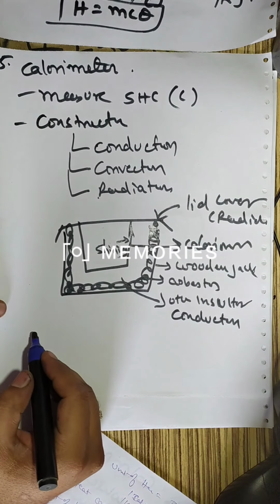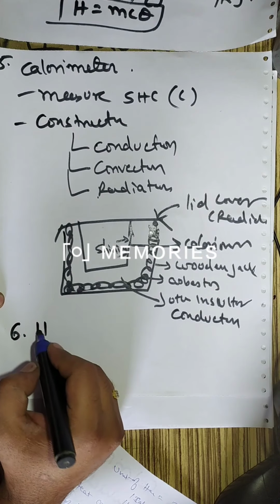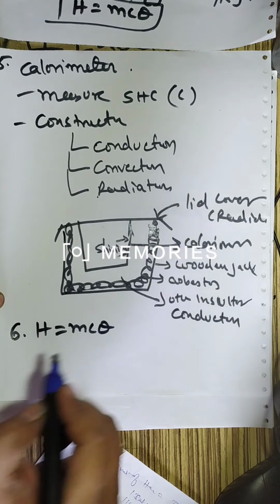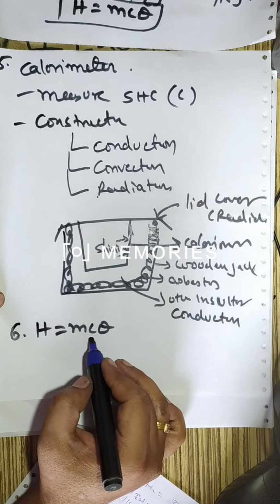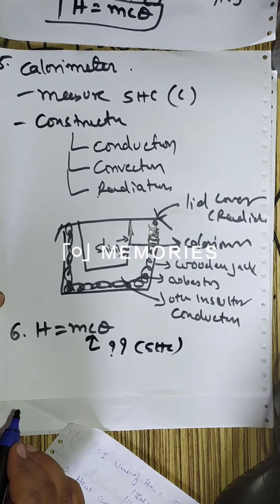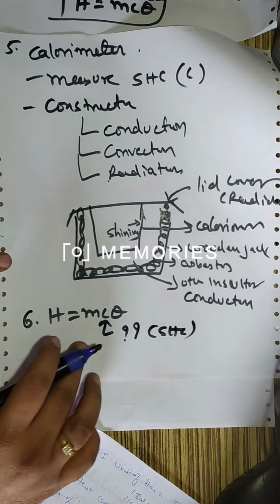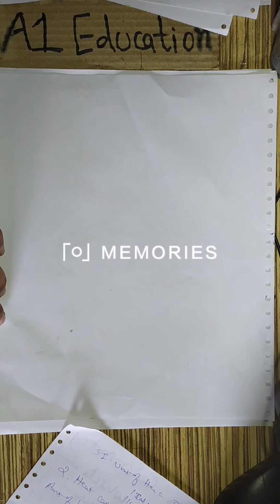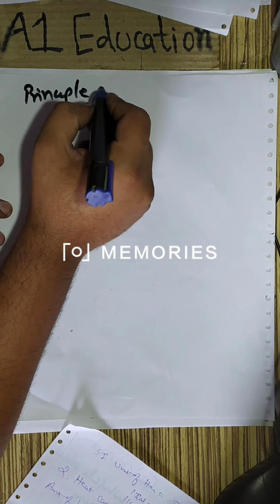Next is how to use this calorimeter. To use this calorimeter, we make use of the formula H is equal to m c theta, which we saw in the previous sections. This is the formula which will help us calculate the specific heat capacity. Let us see how to measure the specific heat capacity using this formula. This formula is applied on the basis of the principle of calorimetry.